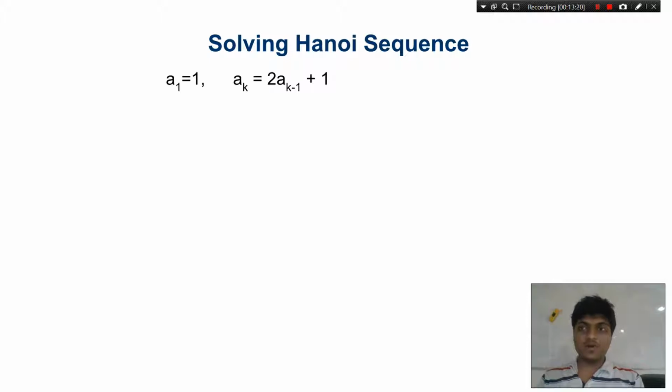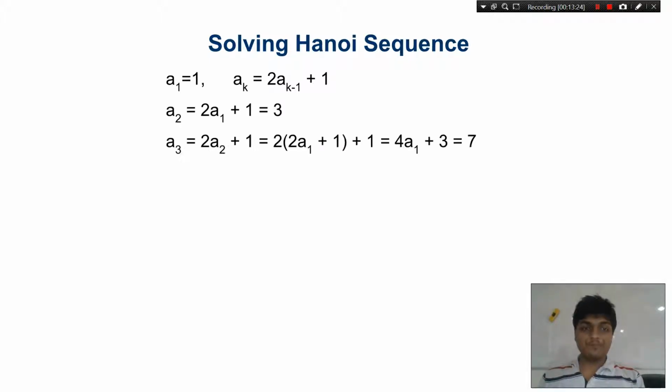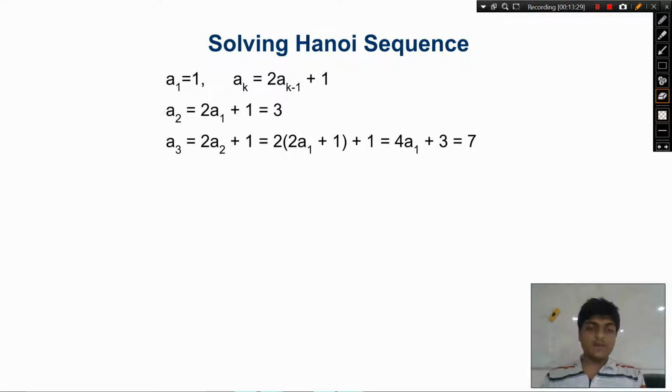So now we'll show you how to come up with the guess for the Hanoi solution that we did. So we expand some of the terms of the equation. So a2 is given by 2 times a1 plus 1, 3. a3 is given by 2 times a2 plus 1 equal to 7, and so on.